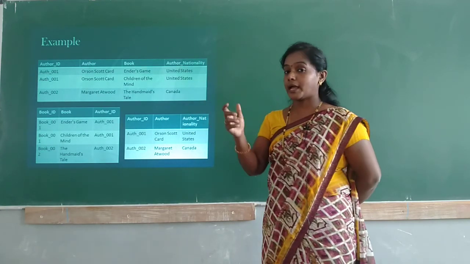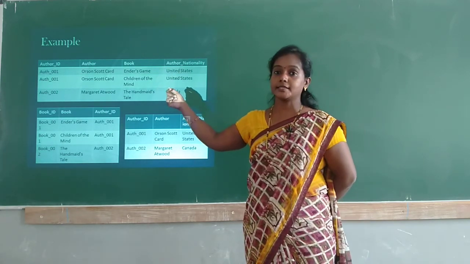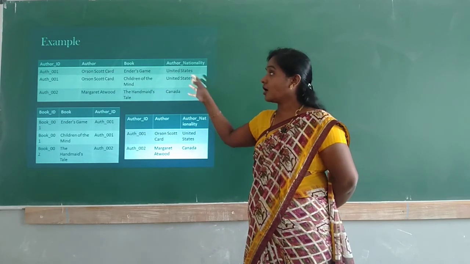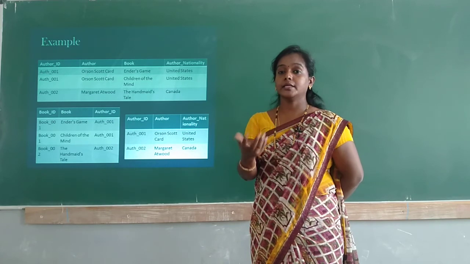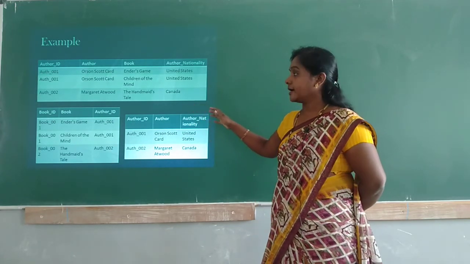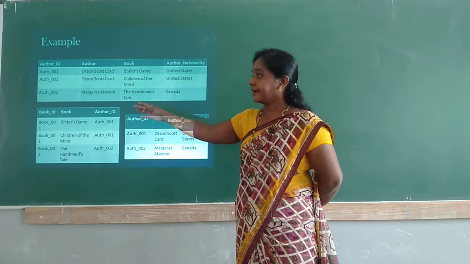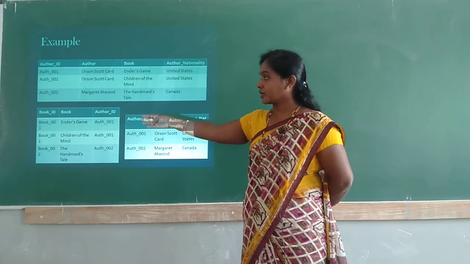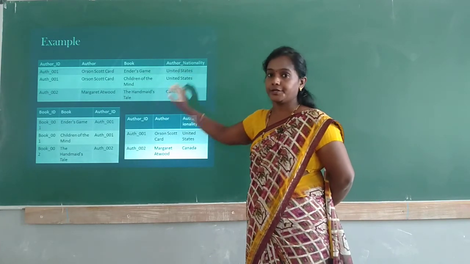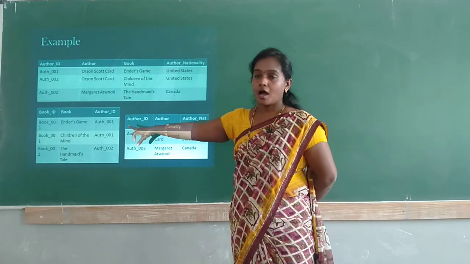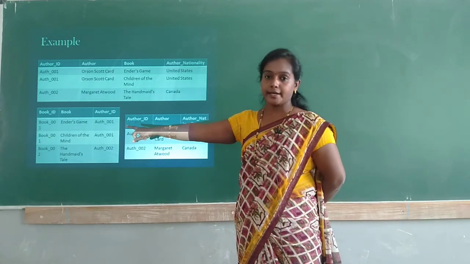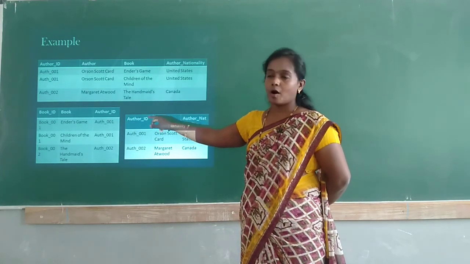That means non-prime attributes. Author ID is a prime attribute. It is not deriving the others. Only the non-key attributes are deriving the non-prime attributes. So this can be divided into a book table and an author table. We can divide this table into two tables, where we have book ID, book and author ID.